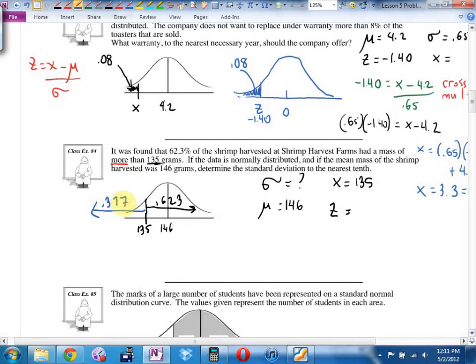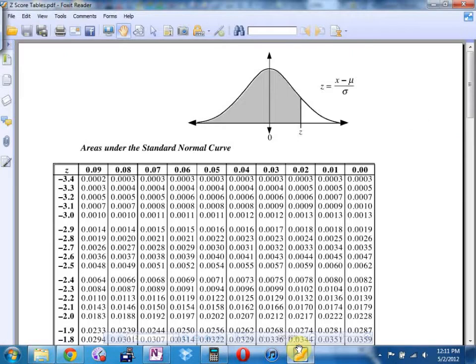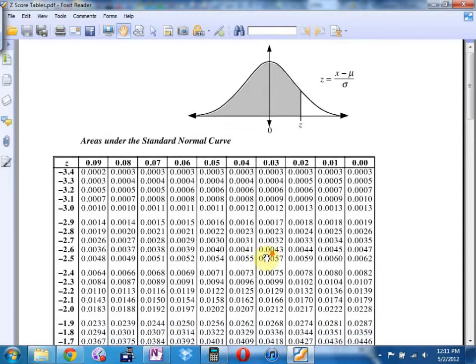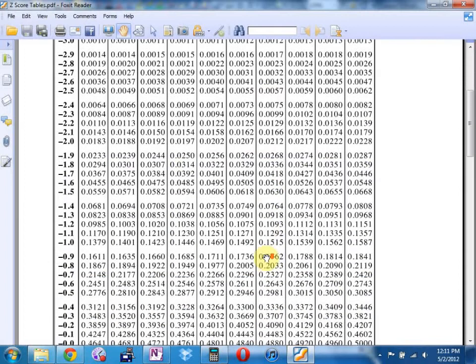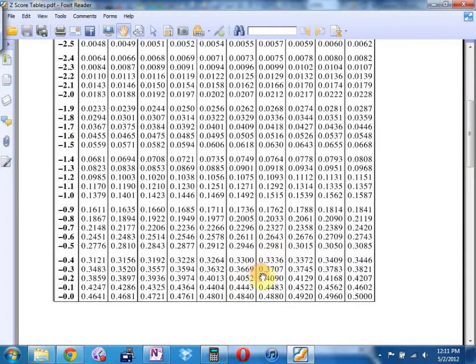0.377. Now, how does that help? If I find 0.377, I should be able to find a z-score that goes with it. 0.377, 0.377, yeah. I don't quite have a 0.377. I got a 0.3745 and a 0.3783.